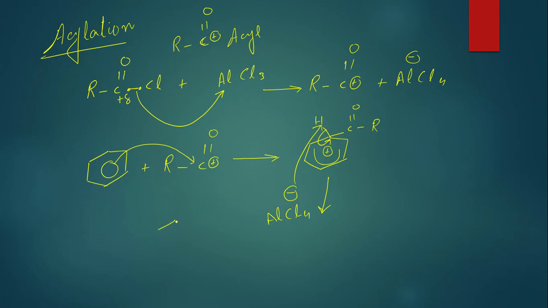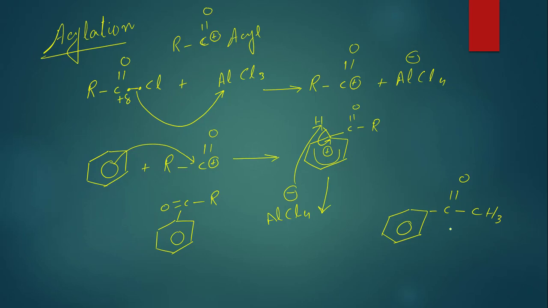So we get our final product, carbon double bond oxygen with this R. For example, if R is methyl, we have carbon double bond oxygen with CH3.